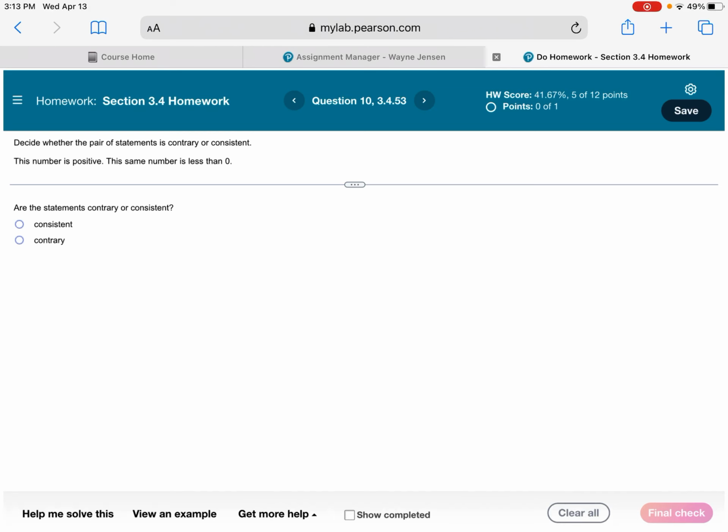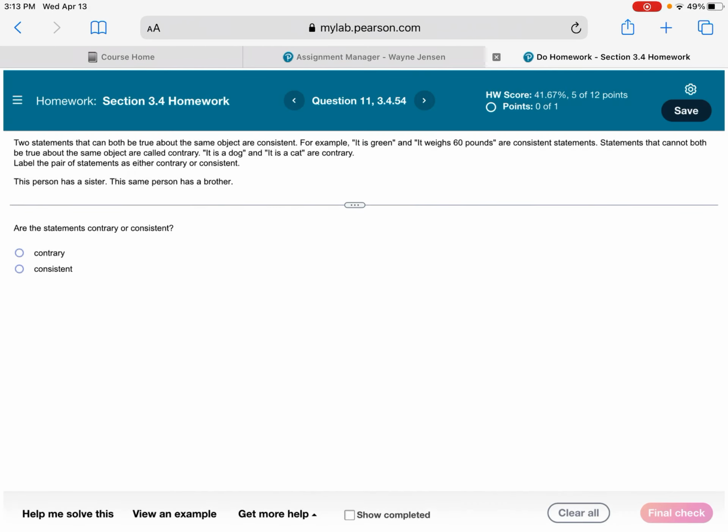So this homework should go pretty quickly as we go through. They have this wording in here, contrary and consistent. Let's make sure that we understand that. I'm not sure if I mentioned that in the video, so I didn't know that they had that in there. So let's go through and try to find out what they mean by contrary and consistent.